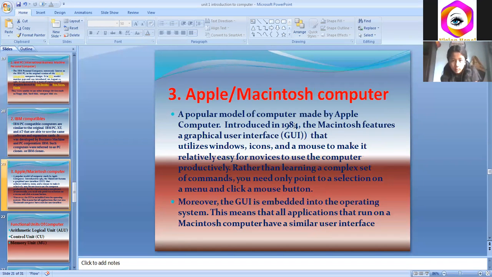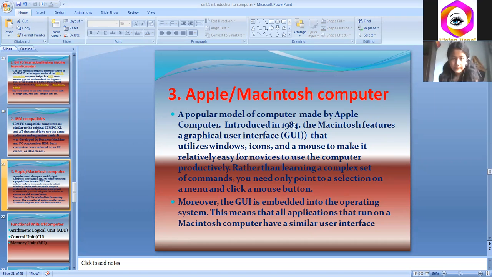The Macintosh features a graphical user interface, GUI, that utilizes windows, icons, and a mouse to make it relatively easy for a novice to use the computer productively. Nowadays, almost everywhere we can find such types of computers.